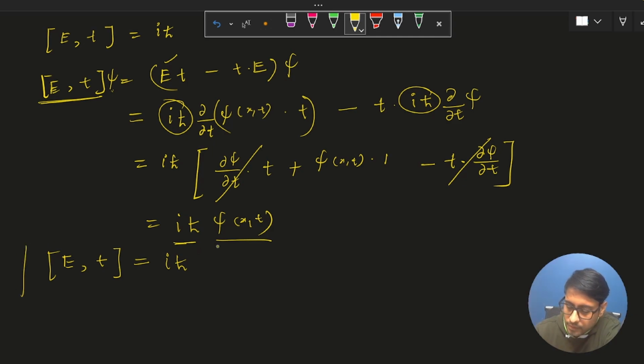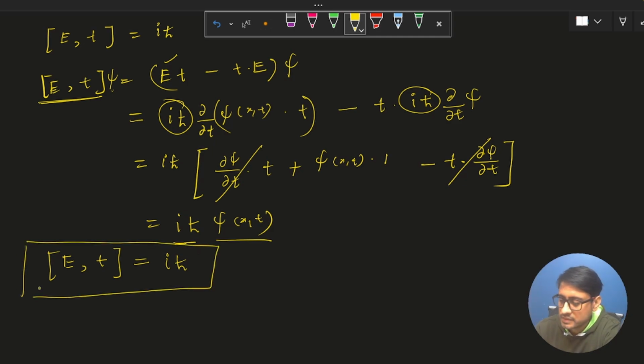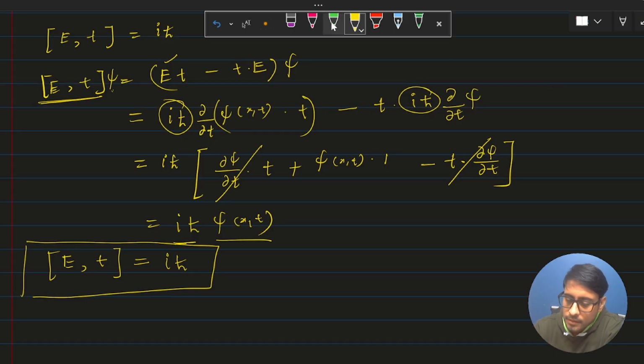So this is the result we have got. Now let's move ahead. Let's see one interesting thing: we will do the same thing in reverse order. Let's do some inspection of what we have already done.